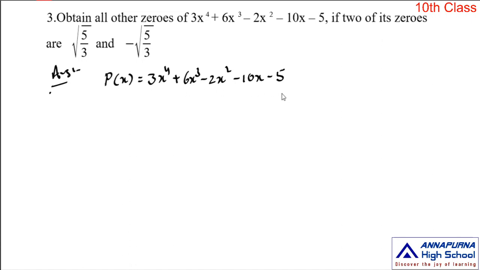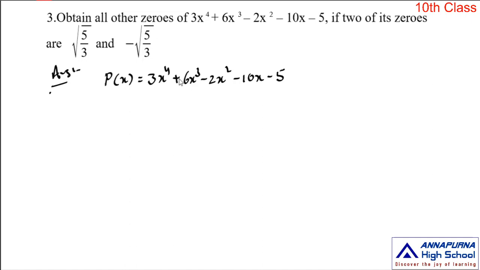In the previous concept we already discussed one most important point: the number of zeros of a polynomial depends on the degree of the polynomial. So it's a fourth degree polynomial. It has at most how many zeros? Yes, at most 4 zeros.